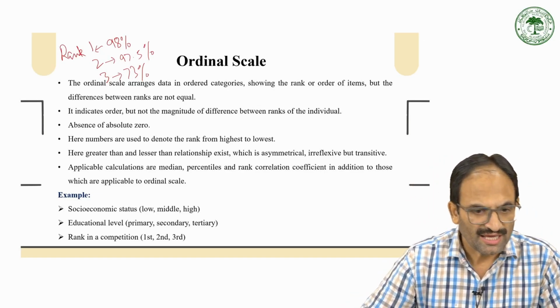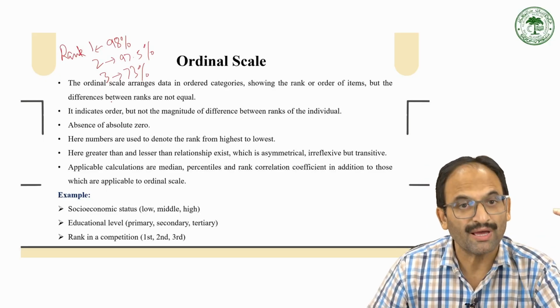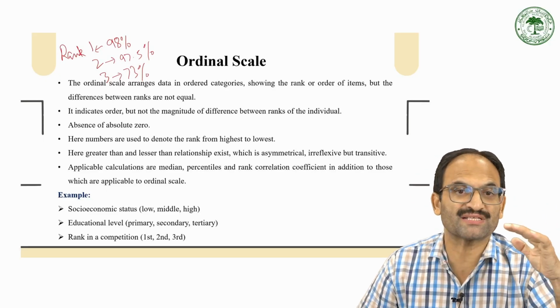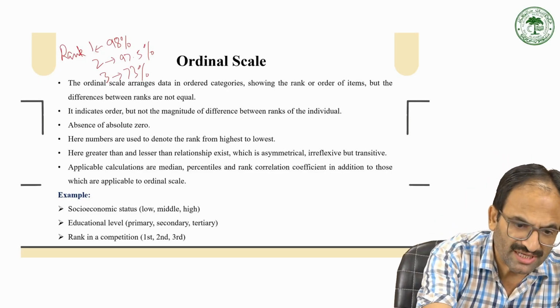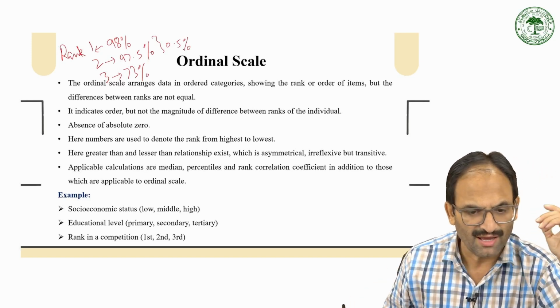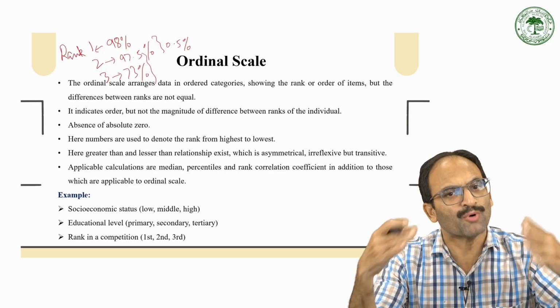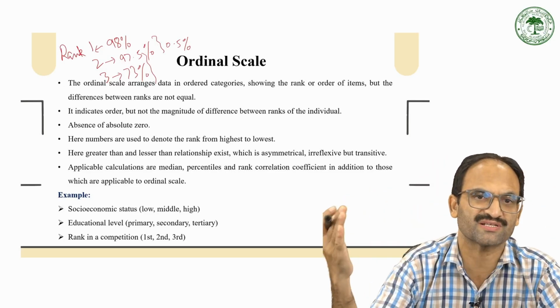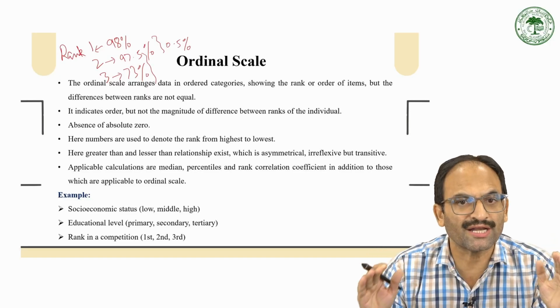See, the difference in the ranks, that is 1, 2 and 3, is the same, but the difference in the percentage is not the same. The difference between first rank and second rank is just 0.5%, but the difference between second rank and third rank is much more in comparison. This type of scale is known as ordinal scale.